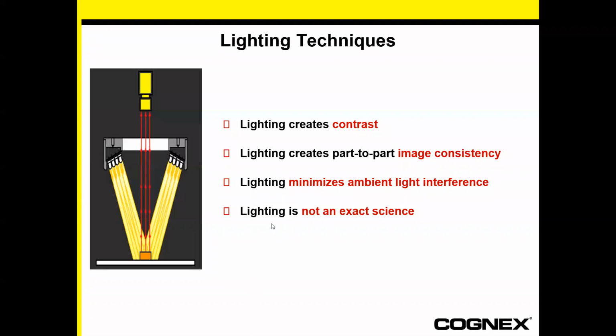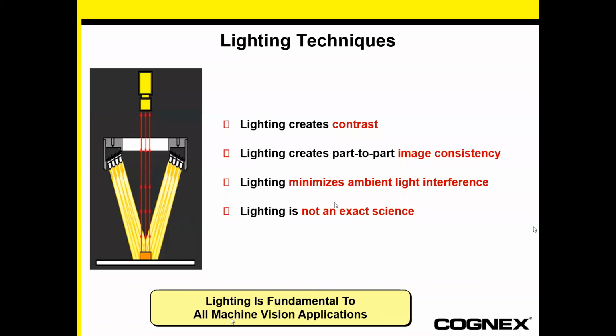The last statement here, lighting is not an exact science, and that is so true, because sometimes, depending on what we're looking at, we may need to try different colored lights, different angles of lights. It's all about creating the biggest contrast possible.